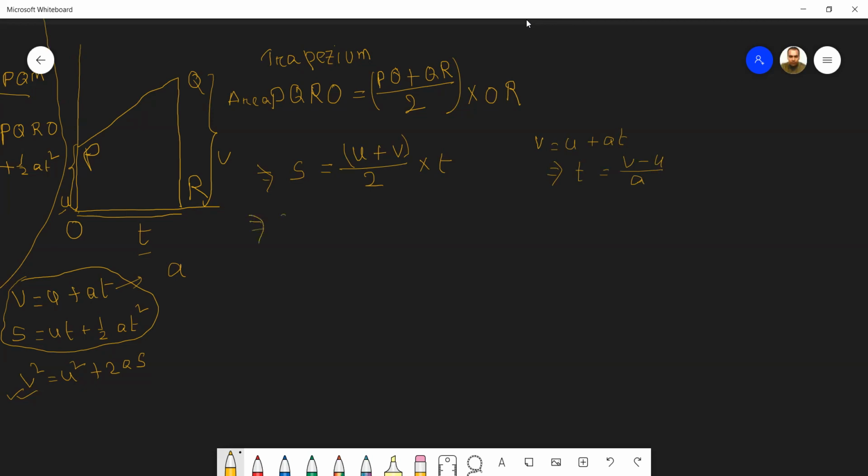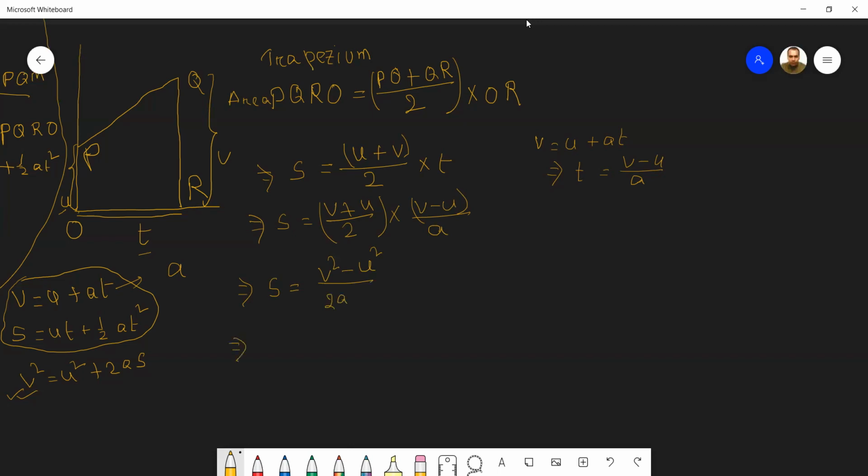So let us see what we get further. So S equals V plus U divided by 2 multiplied by the T value, V minus U divided by A, okay? So V plus U multiplied by V minus U gives us V square minus U square. 2 multiplied by A is simply 2A, okay?